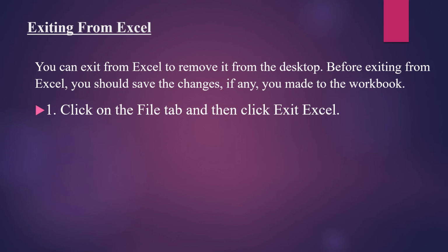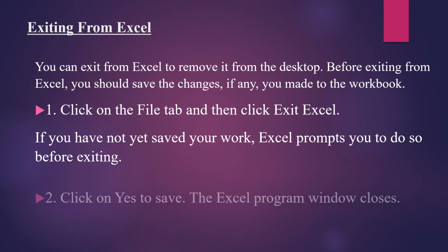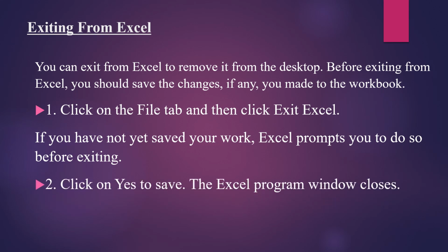Click on the File tab and then click Exit Excel. If you have not saved your work, Excel prompts you to do so before exiting. That means it is going to ask whether you want to save the changes or not. Click on Yes to save. The Excel program window closes.